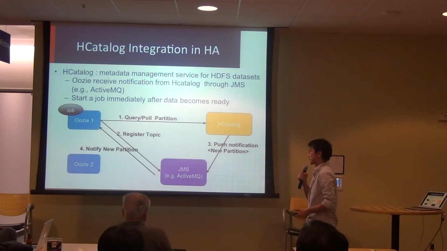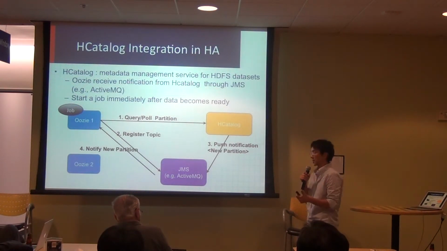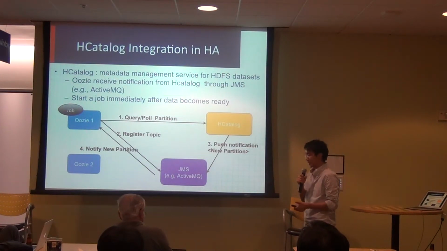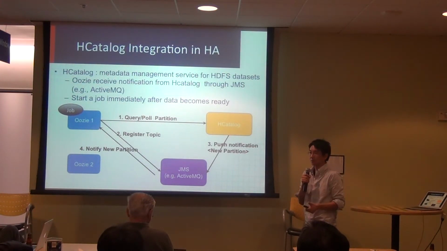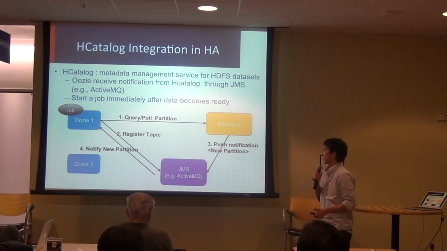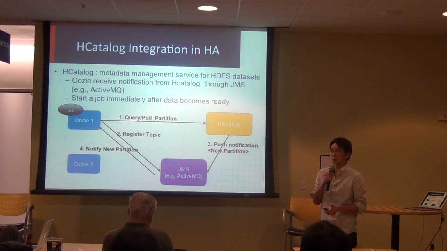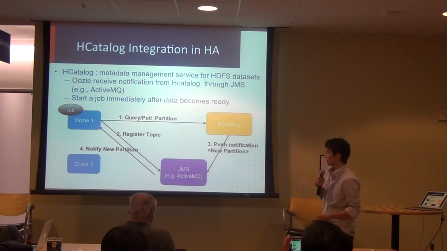If it doesn't exist, Oozie registers the topic with JMS, indicating that it is becoming a subscriber of this topic. Then when data is registered to H-catalog, H-catalog pushes a notification to JMS. And JMS broadcasts the notification to all subscribers. So then Oozie can start the job.